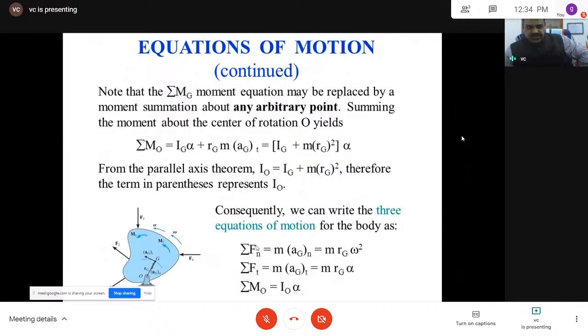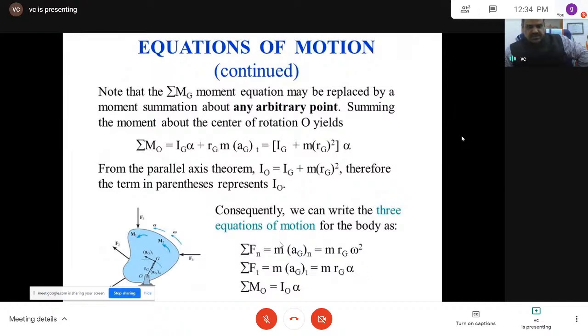generally we will consider it. In some other cases, if it is a static system, n is equal to 0, no dynamics. This can be considered as normal and tangential, or as x and y direction, depending upon the choice. And the moment, whether it is normal and tangential or x and y, is about the origin only. It is the same.